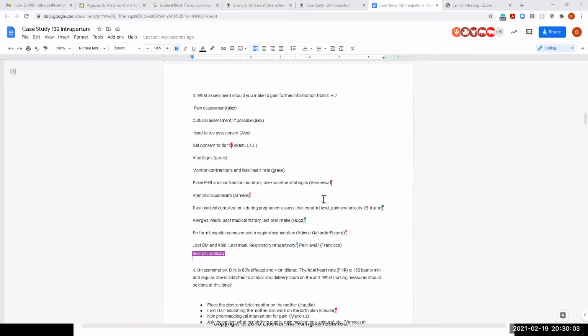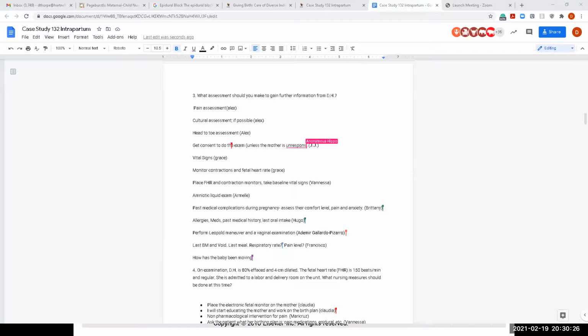All of those things. Good, you guys are on it. Look at all of this stuff. You guys have a ton more. The nurse should note the gestational age, the contraction pattern, and then you're getting the cervical dilatation and effacement and presentation.